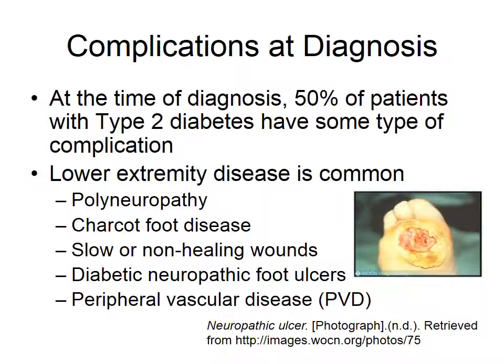As you can see from this slide, complications from diabetes are not unusual. Of particular concern for the WOC nurse are complications of the lower extremities such as neuropathy, neuropathic ulcers, arterial ulcers, and Charcot foot disease, as well as problems with constipation and urinary retention.